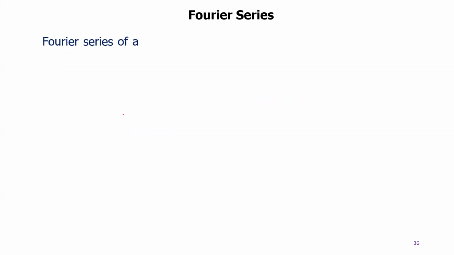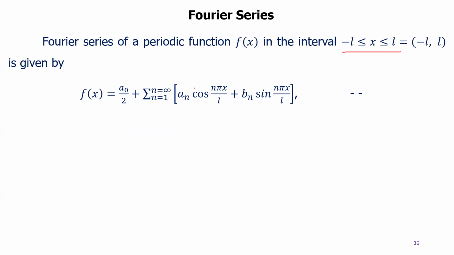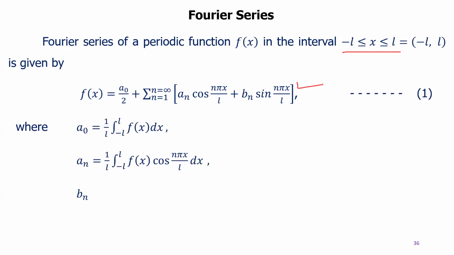Now, we want to write down the Fourier series of a periodic function f of x in the interval minus L to plus L. Again, we are getting the same Fourier series, only the values of a0, an, and bn are changed, and it is only changed in the interval of the limits of the integration. Otherwise, rest of the things are similar.